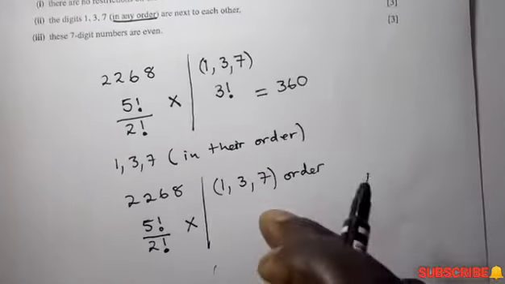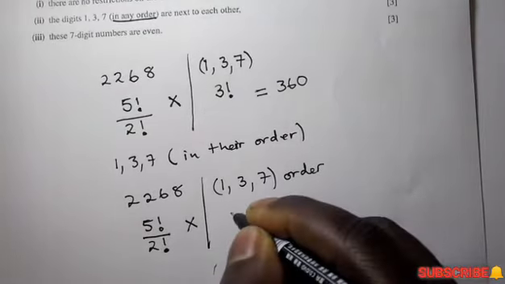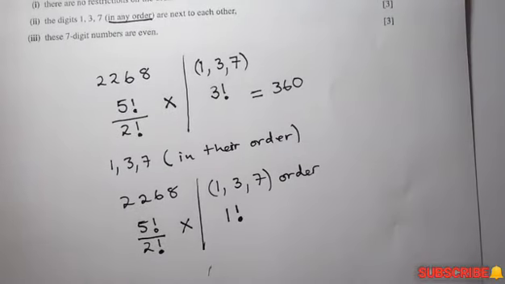Here comes the difference on the right side. If 1, 3, and 7 are going to appear in their order, it means that 1, 3, and 7 are not going to shuffle, right? They are going to remain 1, 3, 7. So it means 1, 3, 7 is going to be written in only 1 factorial way. I hope you are listening.